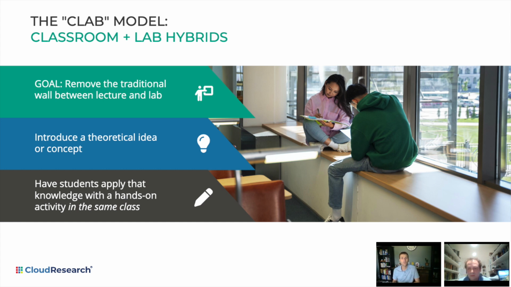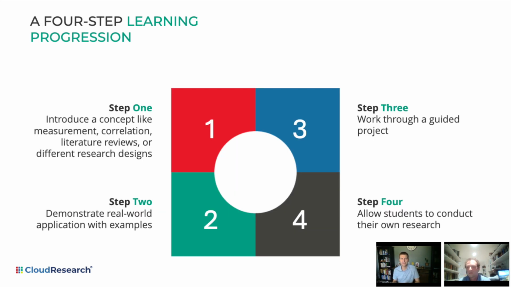To make these CLABs work, each chapter follows a carefully scaffolded 4-step learning progression. First, you introduce a concept like measurement or correlation. Second, students either read about example applications or immediately work with a real data set to see that concept in action.